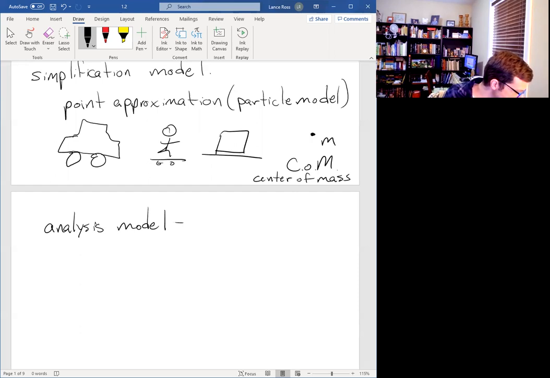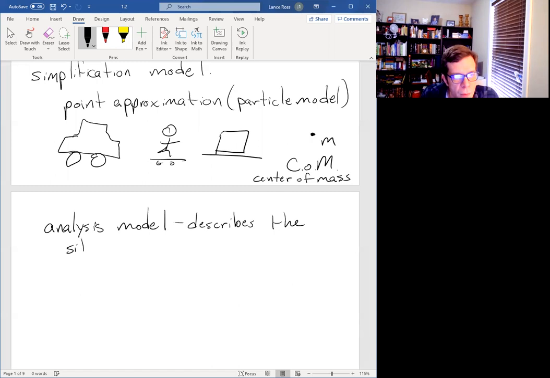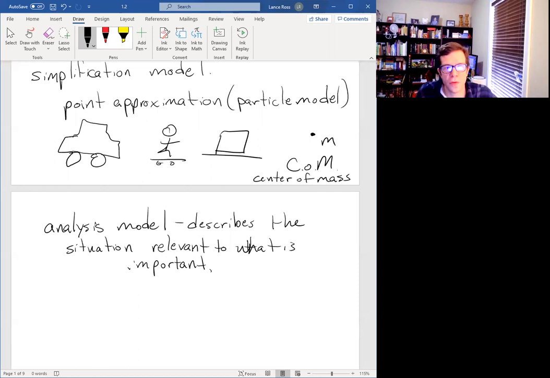This is a way to describe the situation relevant to what you're interested in. Right, so you're only taking the descriptions that matter to what you're talking about.